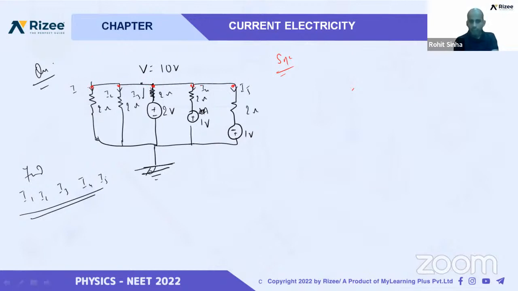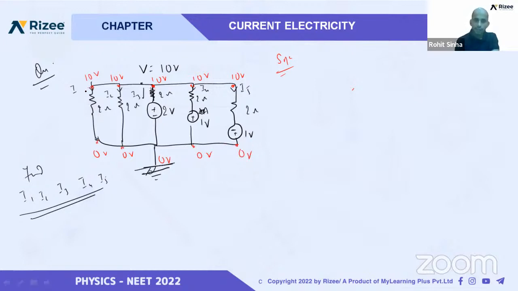One end is connected to 10 volt and the other end is connected to 0 volt. That means all 5 branches are in parallel connection. So here also 10 volt, here also 10 volt, at every point it is 10 volt. It is 0 volt here, 0 volt here, all points 0 volt.